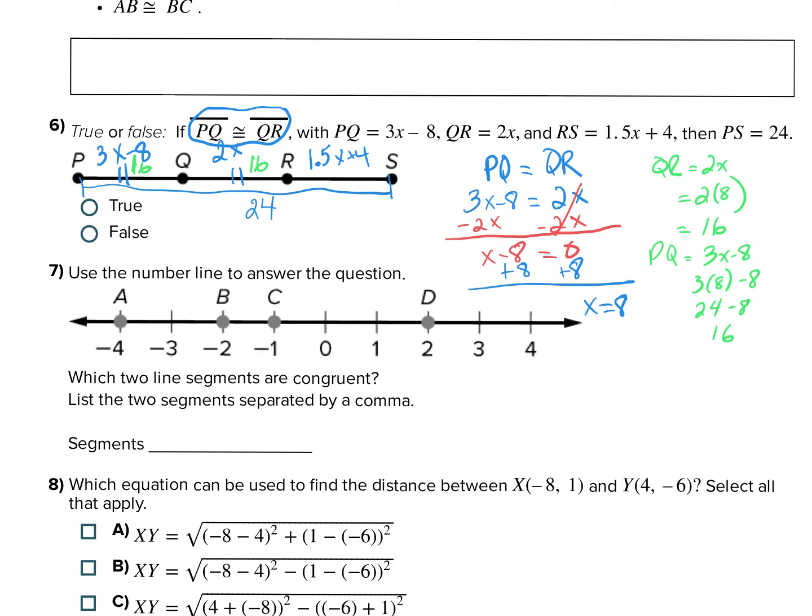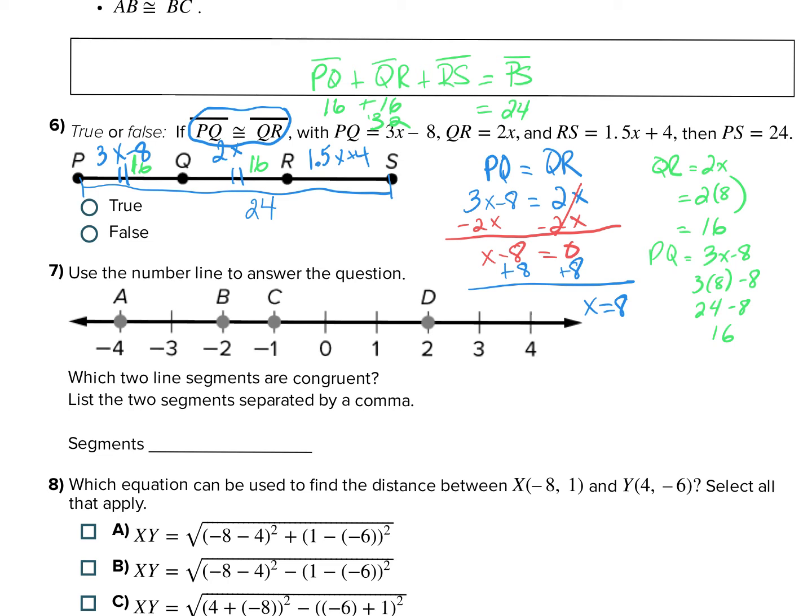So, because remember, PQ plus QR plus RS should equal the entire line segment PS. Okay? Now, I already know what PQ and QR is. Those are both 16. And unfortunately, when I add 16 and 16, I get 32.